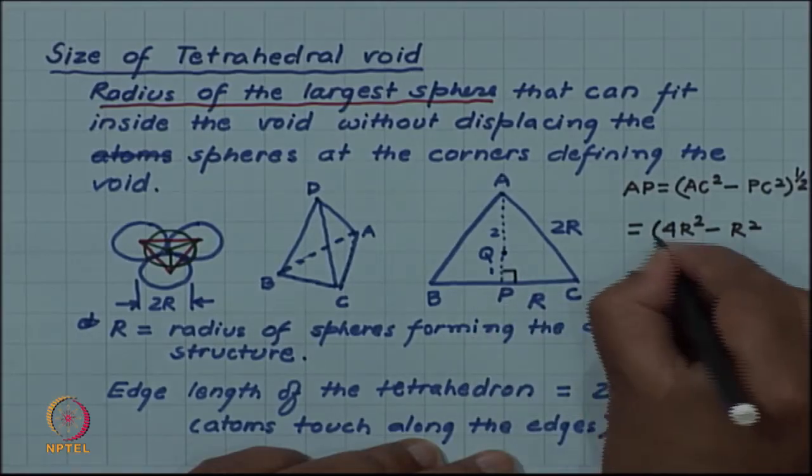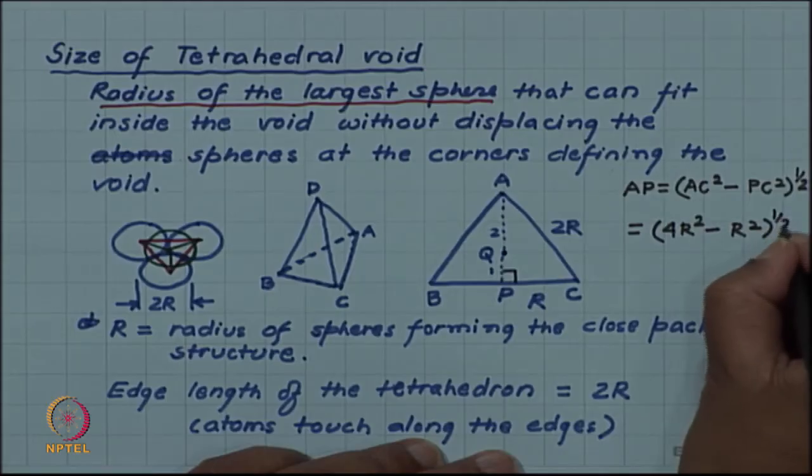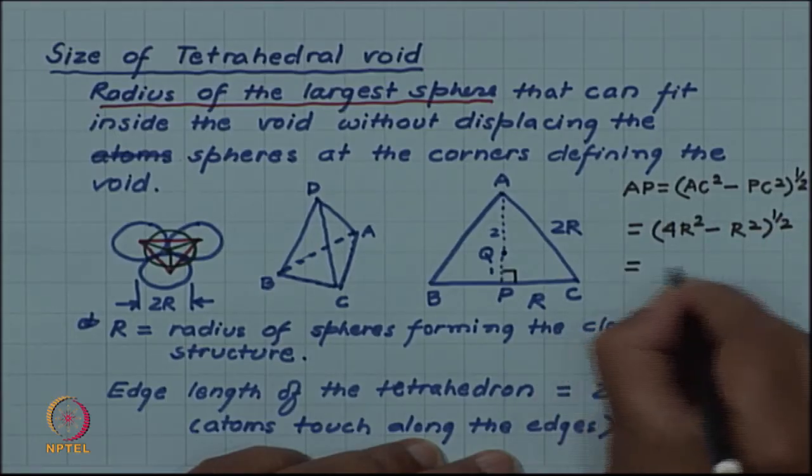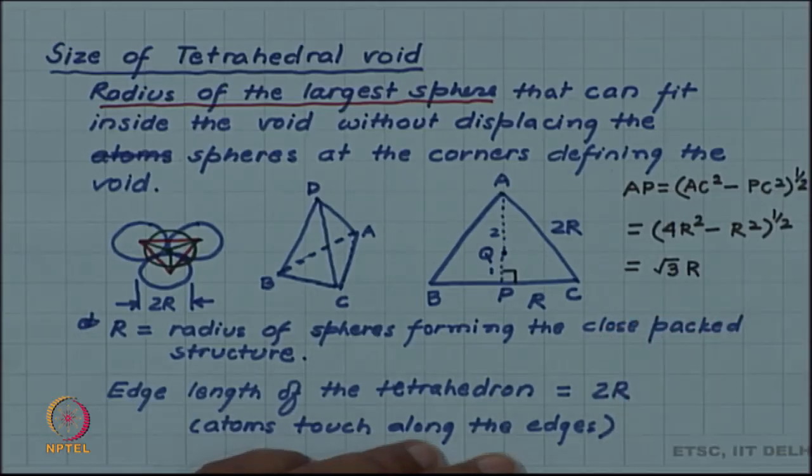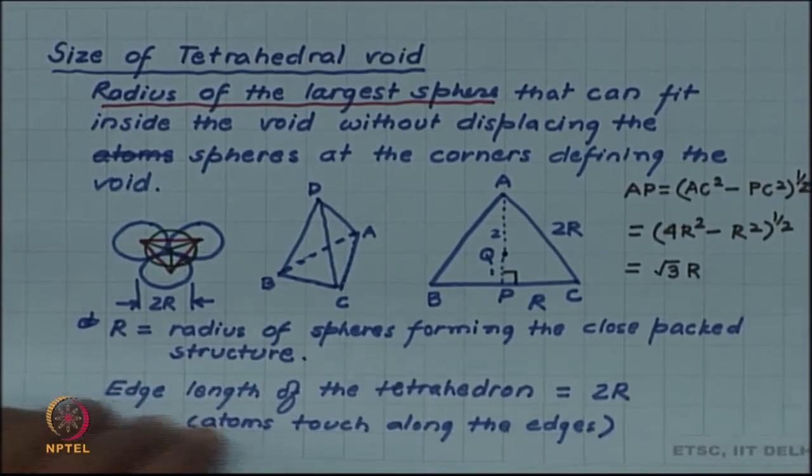So, AP is nothing but root 3 r. AP is root 3 r.